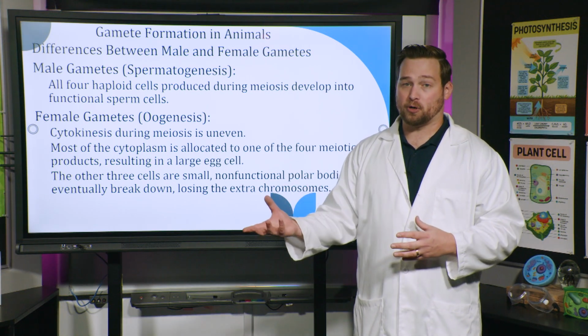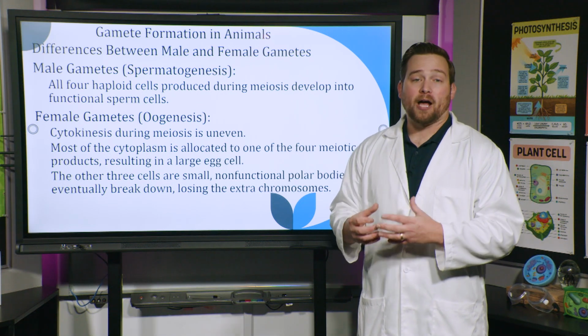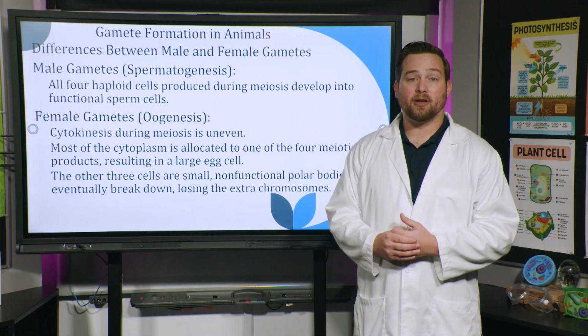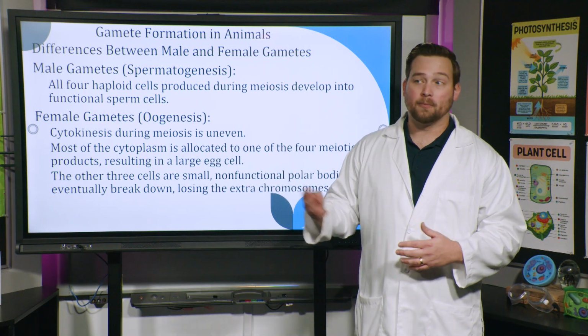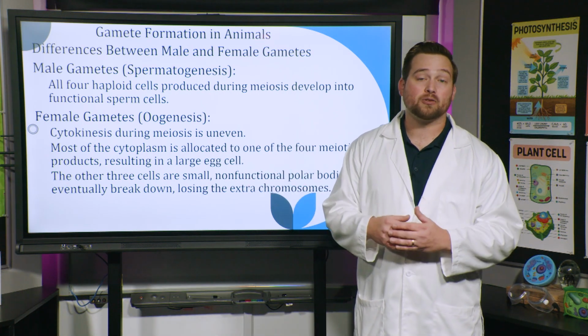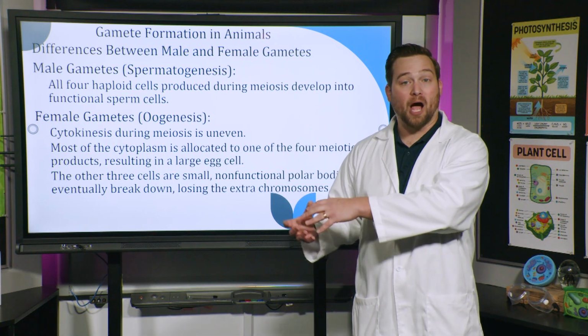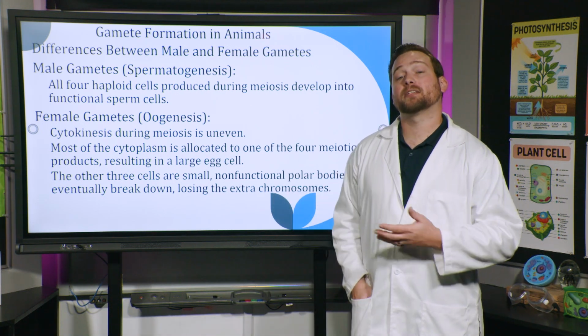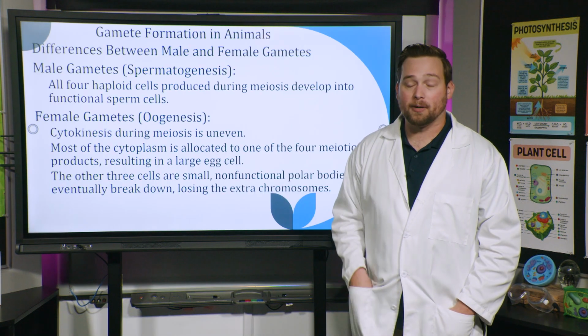Instead of sperm cells, they're making something called egg cells. And this process is called oogenesis. In oogenesis, instead of 4 functioning egg cells, we get 1 functioning egg cell and 3 polar bodies that cannot be used. So that's the main difference in gamete formation between men and women.